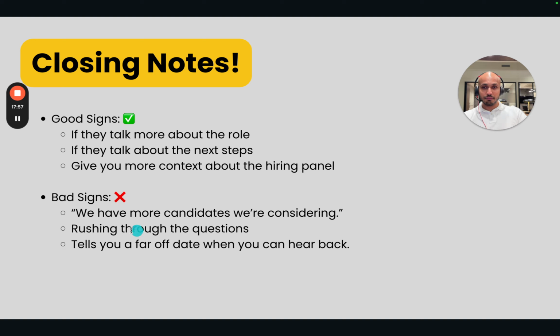So if there's verbiage coming across like, hey, we have more candidates that we are considering, or they're rushing through the questions like, tell me this, tell me that, right? The interview process feels very accelerated, right? Or they tell you, yeah, we will get back to you in 2 weeks, some very far off date, then likely it's not going well, or it's not aligned, and that's okay.